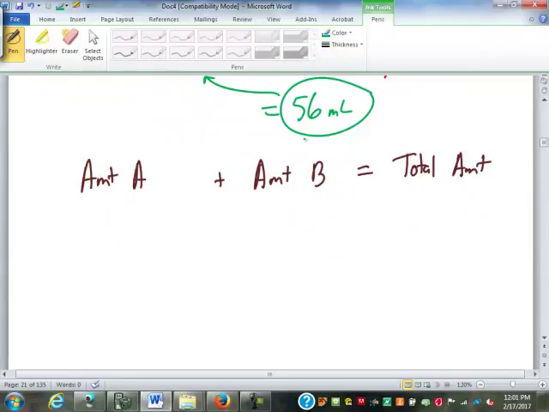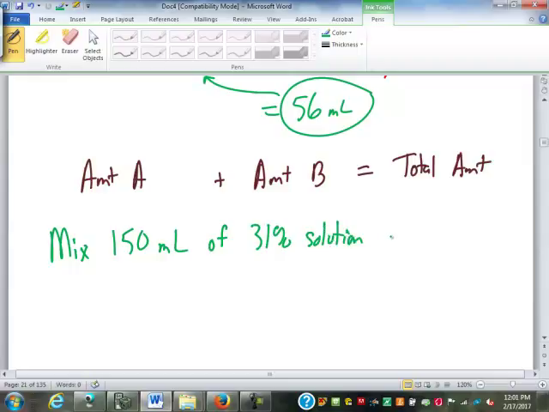So for example, let's say we mix 150 milliliters of 31% solution and 300 milliliters of 43% solution.